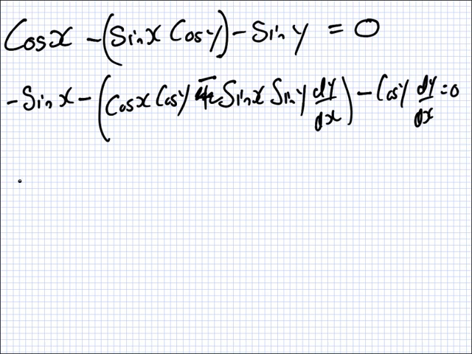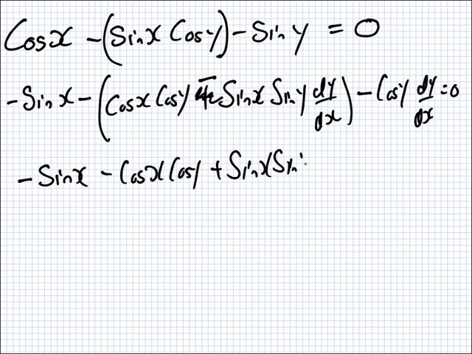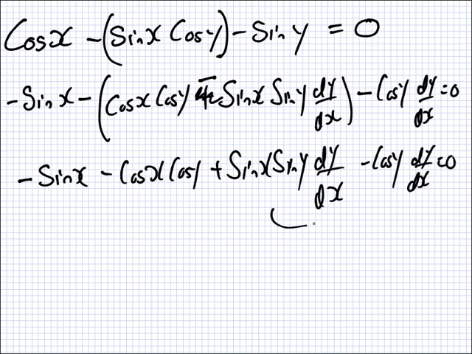So minus sin x, minus cos x cos y, plus sin x sin y dy dx, minus cos y dy dx equals 0. So these two terms both have dy dx in them.